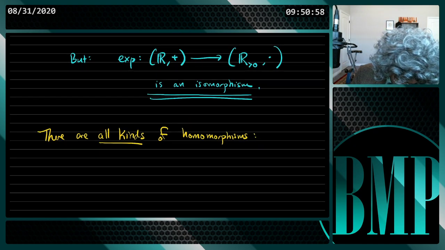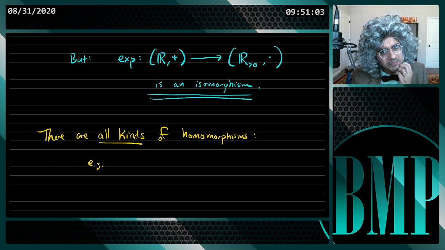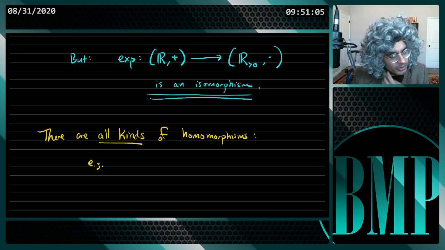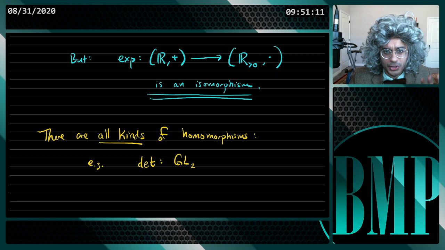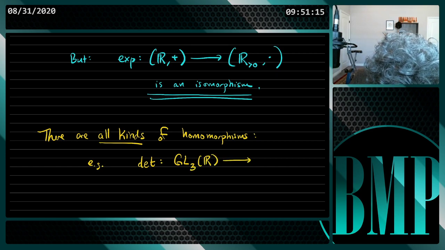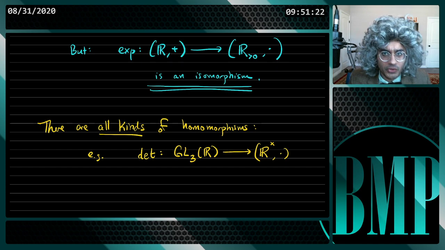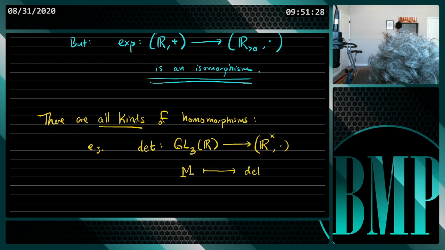Let me show you another one. The thing called determinant was a group homomorphism, from GL2 or even GL3 to the multiplicative group of real numbers, given by a matrix M goes to its determinant.